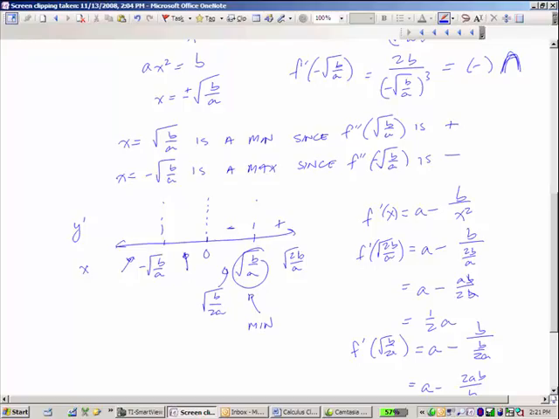Would it just be like negative root b over 2a? Yeah. So do you understand how we're not doing anything different, but why it's harder? Because we're not dealing with numbers, right?